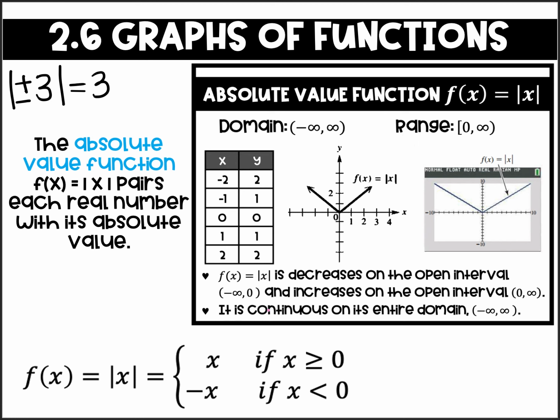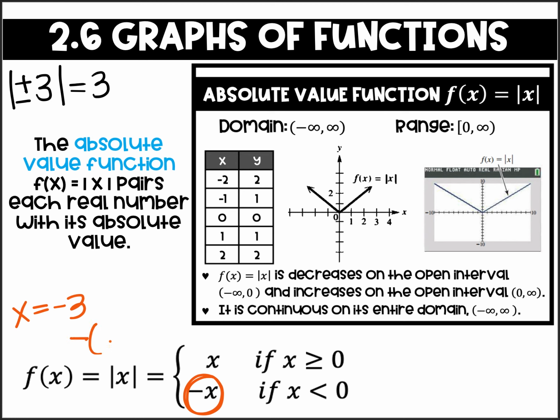Here's another way of explaining the absolute value function: if your x is negative, it's just negative x. Let's suppose we have negative 3, that's my x. As per my piecewise function right here, which we're going to talk about in a second, my x is smaller than 0, it's negative, and I have to use this formula, negative x.